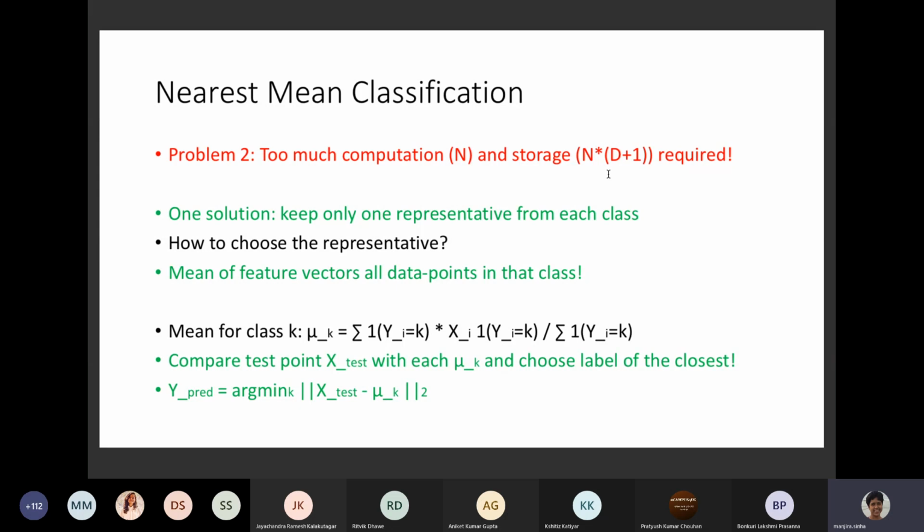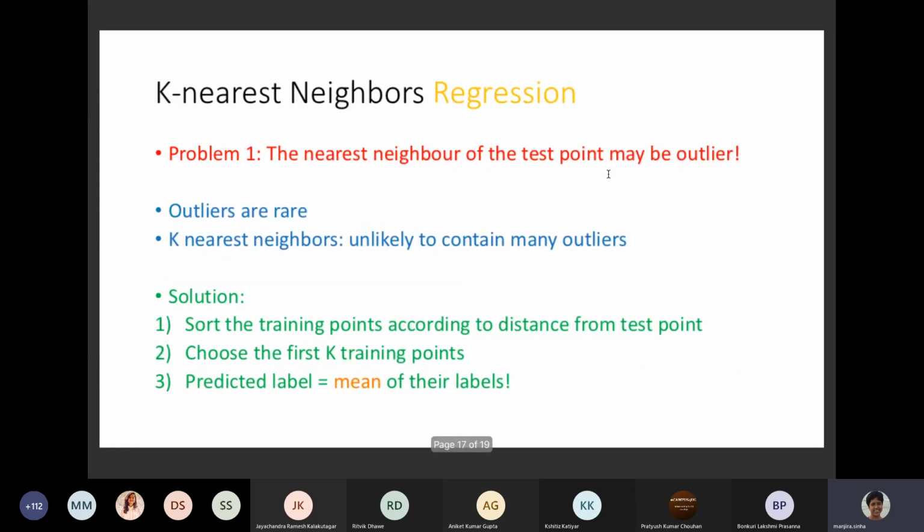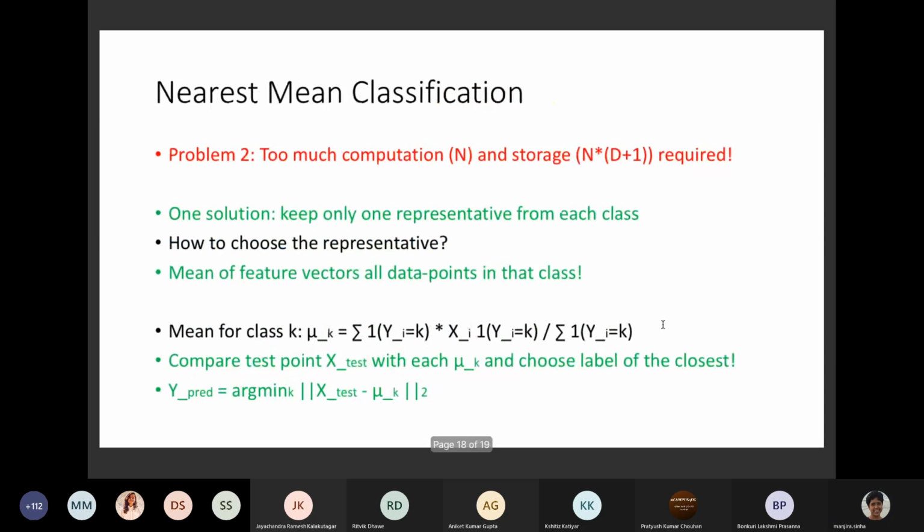N storage is for the n distances and n d is for the n d-dimensional data points. And this is only for the distance calculation, not even for the sorting problem that we need to address.